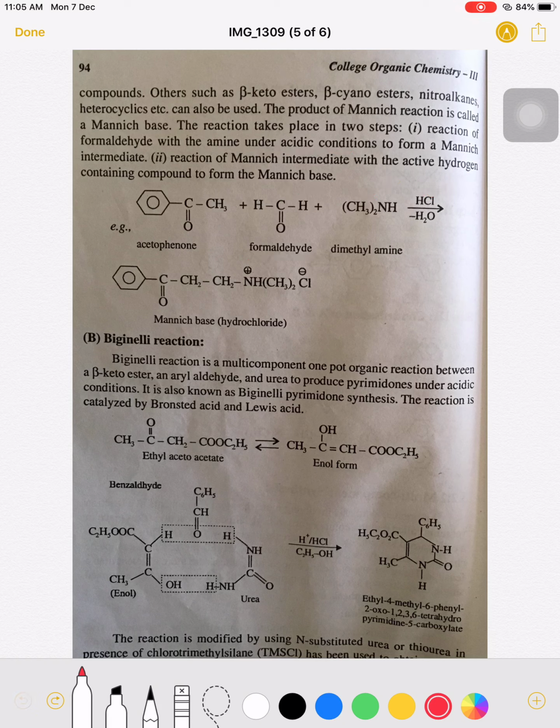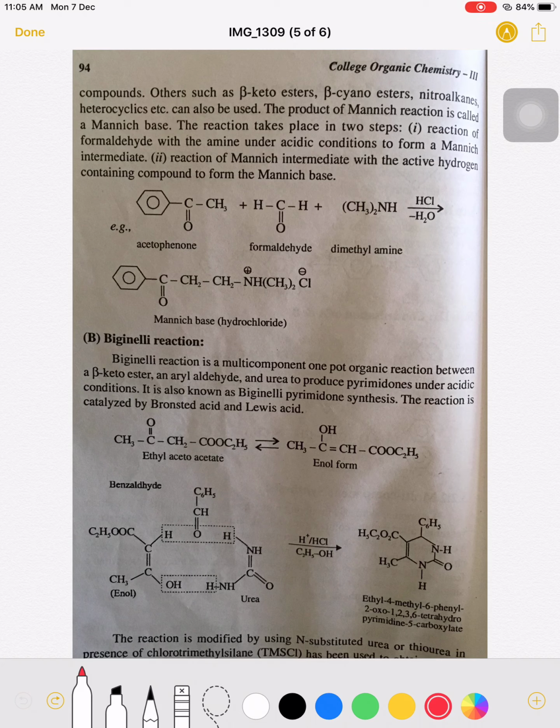Next multi-component synthesis is the Biginelli reaction. So now see here what the Biginelli reaction is. This is a multi-component one-pot organic synthesis between beta ketoester, aryl aldehyde and urea to produce pyrimidones.